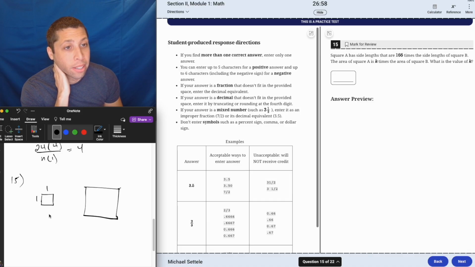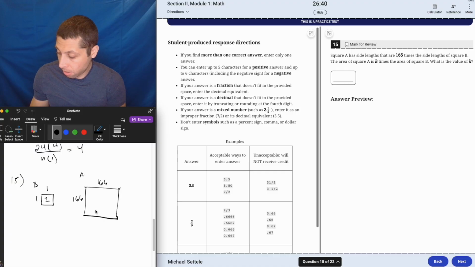So square A has side lengths that are 166 times the side length of B. So let's do B as 1 by 1. So the area is 1. So A is going to have 166, because 166 times 1 is 166. So 166 squared is 27556.